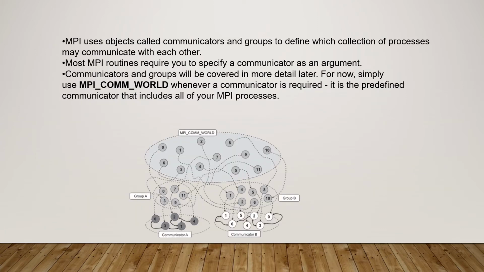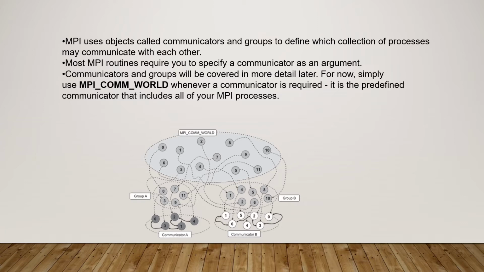MPI uses objects called communicators and groups to define which collection of processes may communicate with each other. You can see here in this shaded oval, there are many processes with unique identifiers, or IDs, with which these processes can communicate with each other.